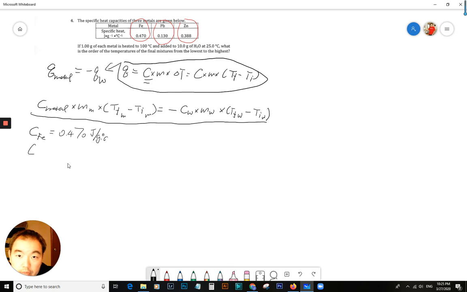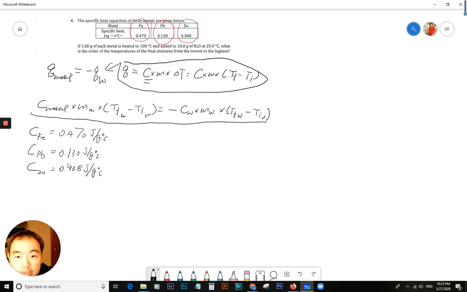We have the specific heat of lead, which is 0.130 joule per gram per Celsius. And here we have zinc, which is 0.388 joule per gram per Celsius.